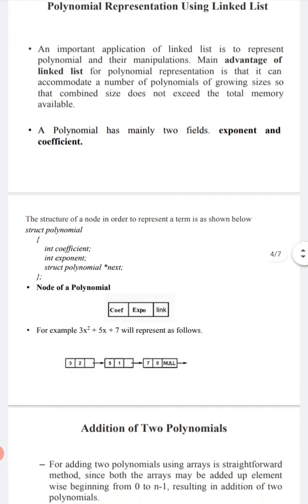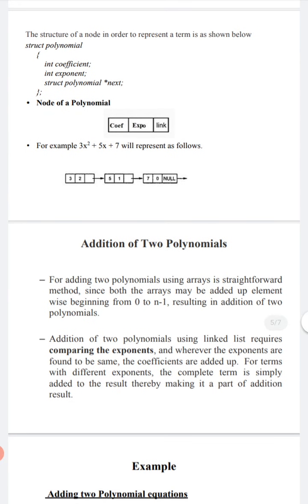So this is the structure of the polynomial: struct polynomial, with int coefficient, int exponent, then struct polynomial star next. Next represents the link that specifies the address of the next node. So the node of a polynomial has three fields: coefficient, exponent and link.